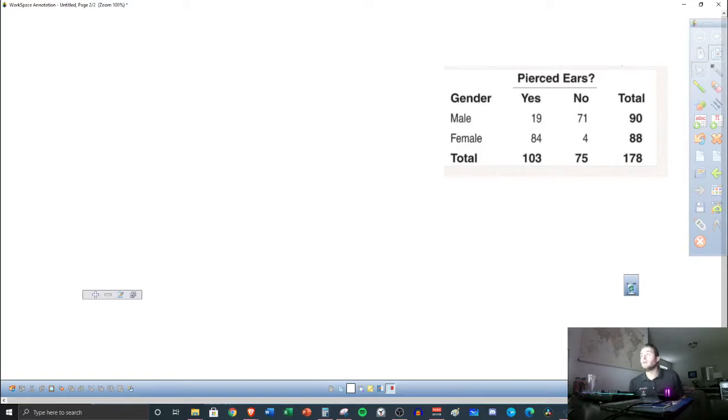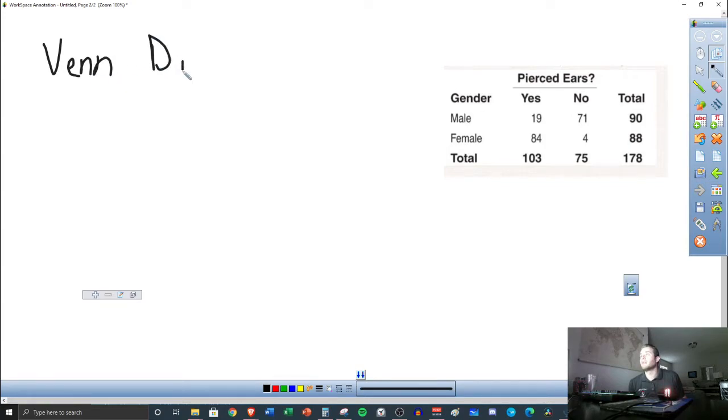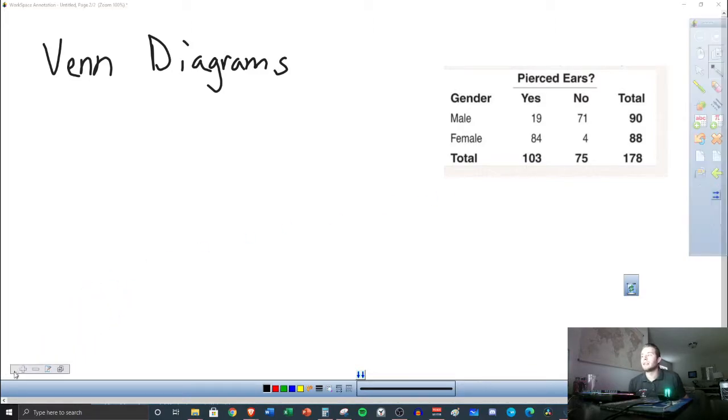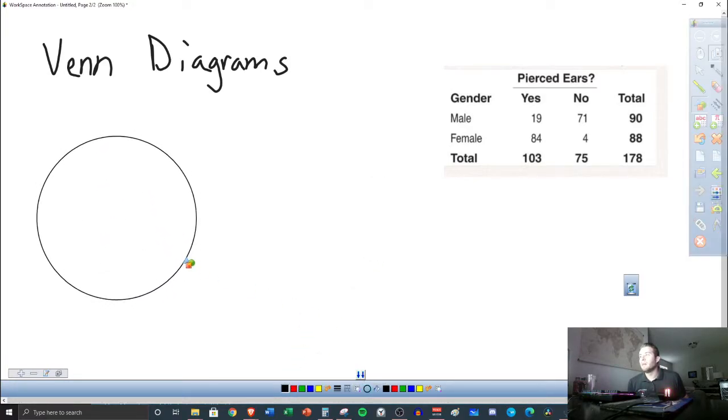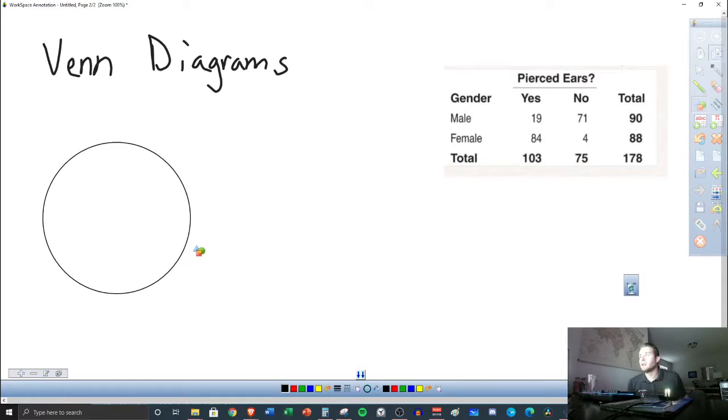You don't have to draw a line, because now we're going to talk about Venn diagrams, the last part of our notes that we'll be writing today. A Venn diagram, as you know it, and I get to cheat because I can draw my own circles, has 2 circles.